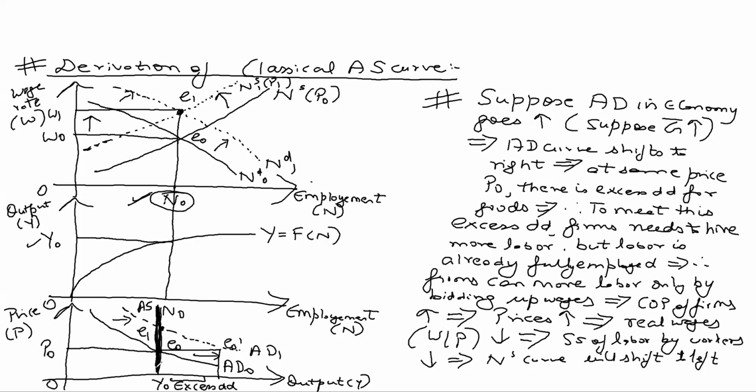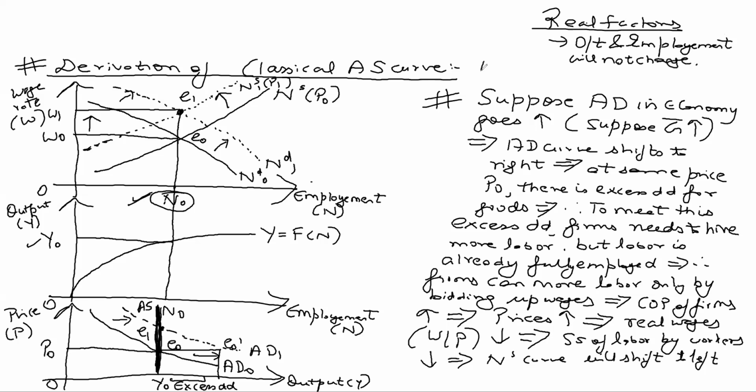So the point to understand is that in the classical economy, since the economy is fully employed, there will be no change in the real factors. What are the real factors here? The real factors here are output and employment. So real factors, output and employment will not change.